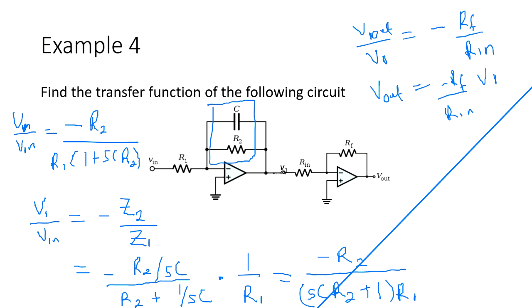Now from this equation we find our V1. V1 is just this thing times V in.